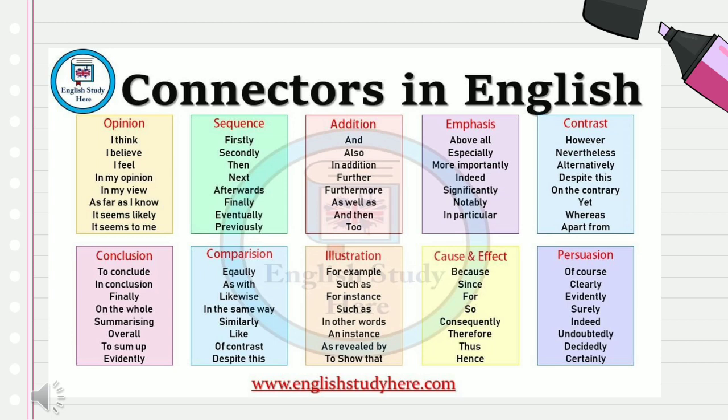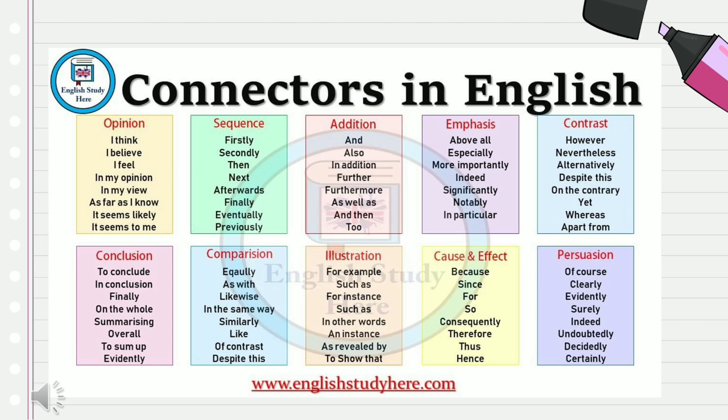Contrast: however, nevertheless, alternatively, despite this, on the contrary, yet, whereas, apart from. Conclusion: to conclude, in conclusion, finally, on the whole, summarizing, overall, to sum up, evidently. Comparison: equally, as with, likewise, in the same way, similarly, like, in contrast, despite this.